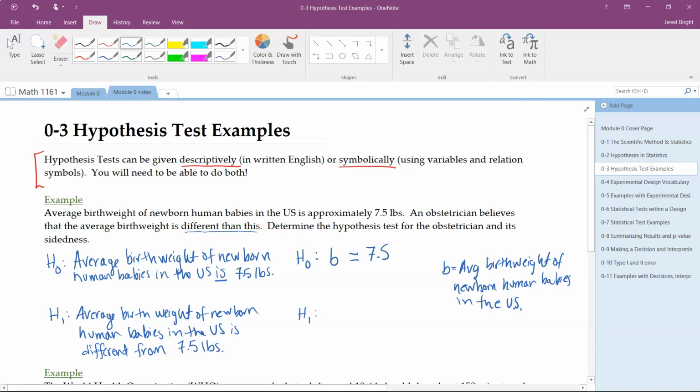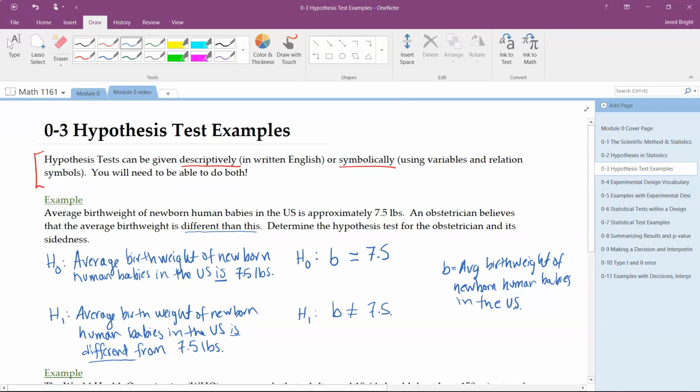The null hypothesis is B equals 7.5, and the alternative hypothesis is B is not equal to 7.5. And we're done.